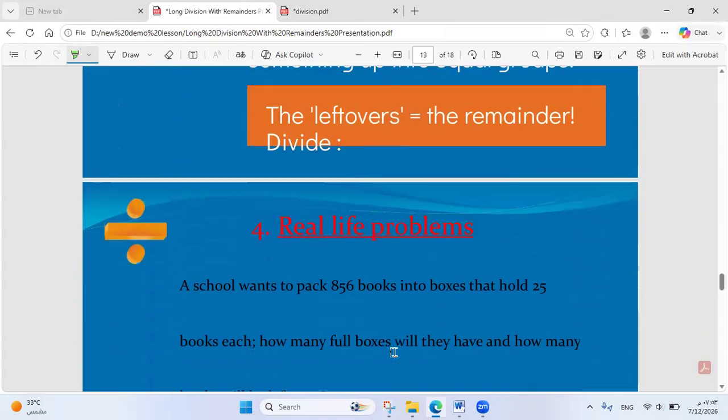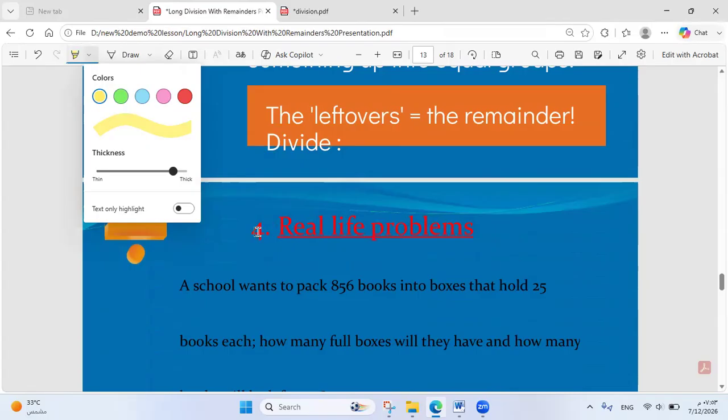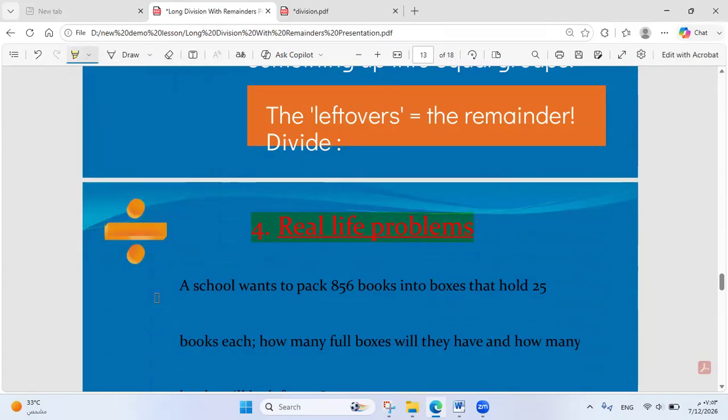Okay, let's see this real life problem to understand more and more about the remainder. Okay, here, let's read it. A school wants to pack 856 books into boxes that hold 25 books in each.